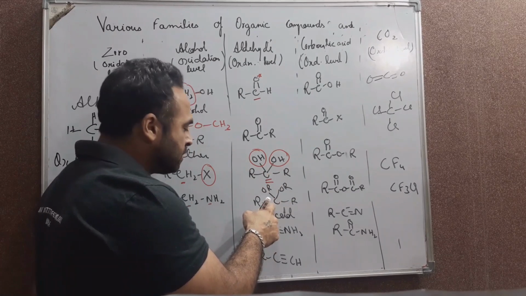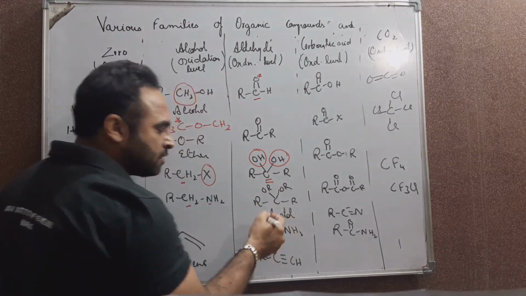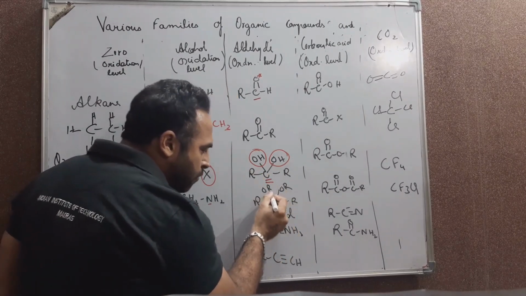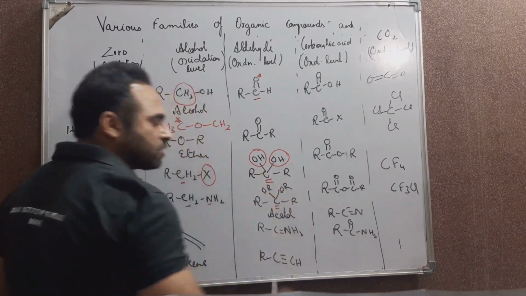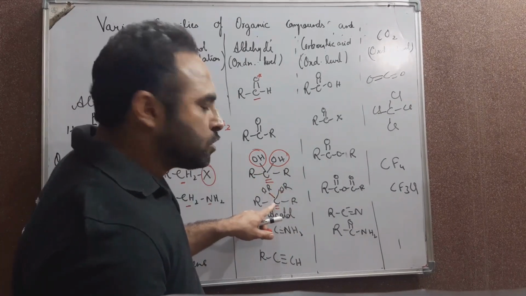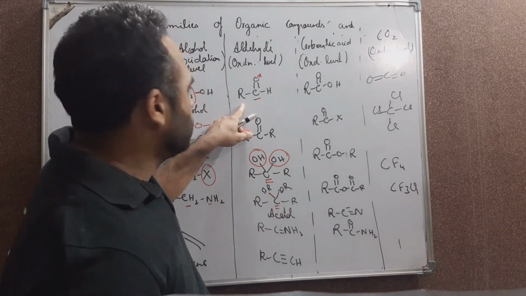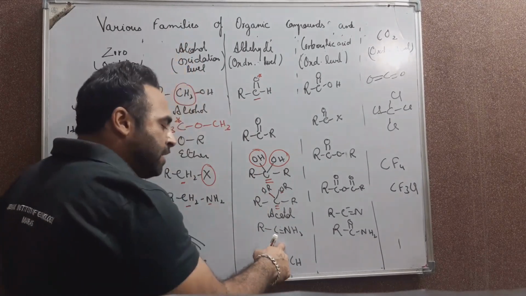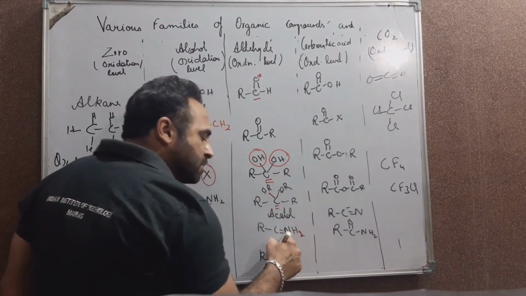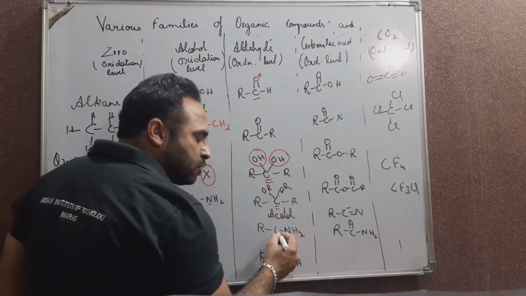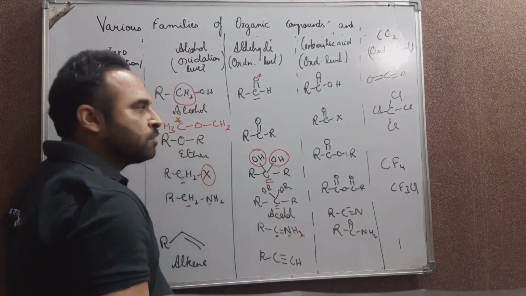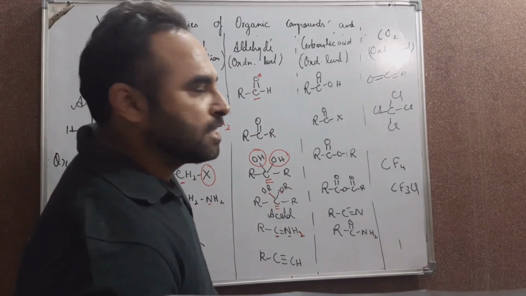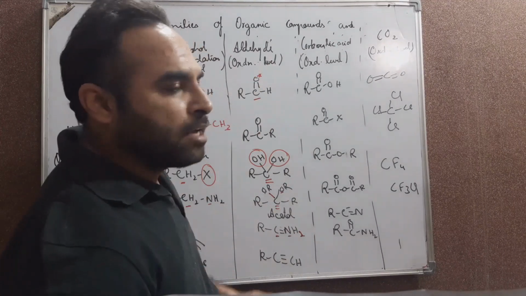Likewise acetals: this carbon has one bond with this oxygen and one bond with that oxygen, so it is also at the aldehyde oxidation level. In imines, this carbon is having 2 bonds with nitrogen. Okay, so this is your second oxidation level, or aldehyde oxidation level.